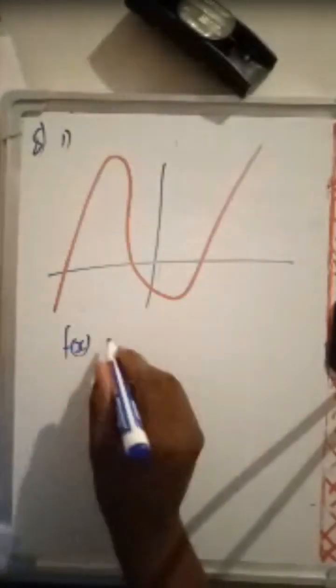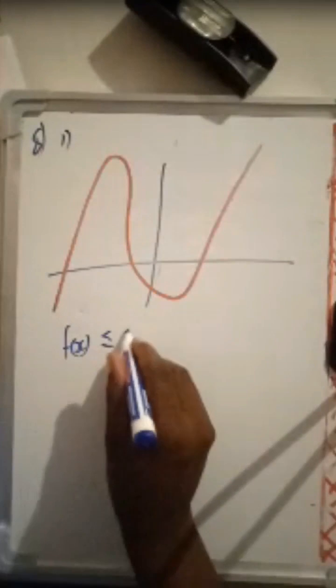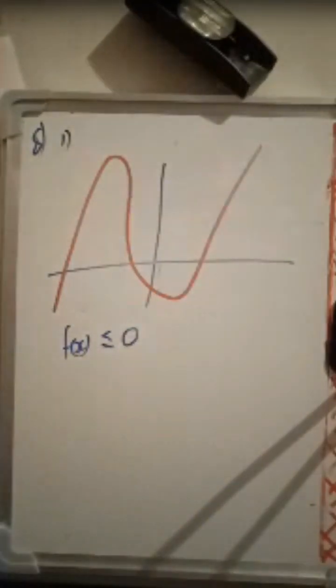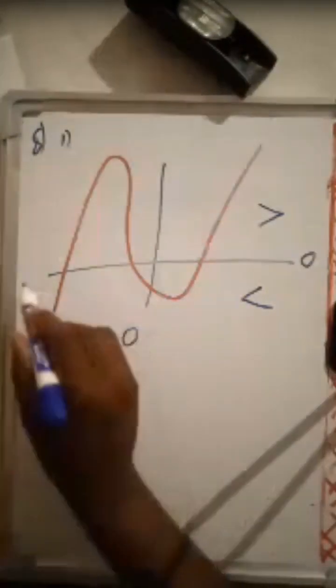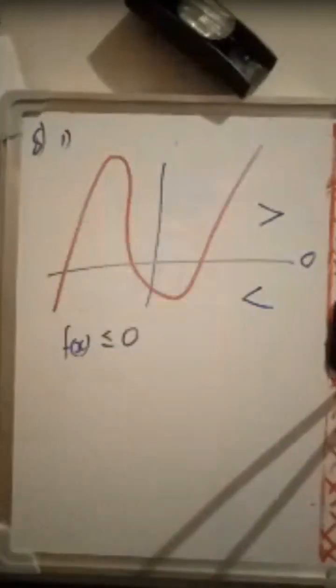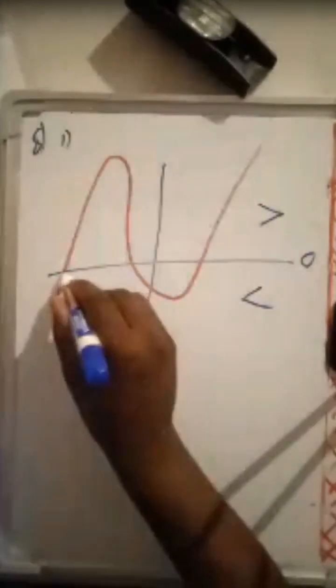Now it's asking for which values of x is f of x less or equal to 0. So when you are talking about less than 0, this is the 0 line. This is greater. This is less. This is our 0 line. So anything down is less. Anything above it's greater. So we see it's from this part, that part, and that part.